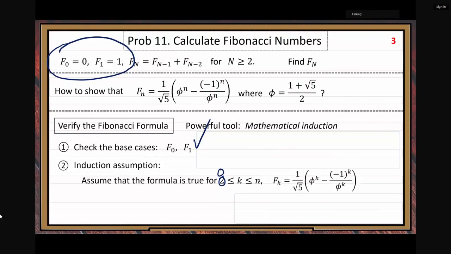When k is in this range, because 0 and 1 we already verified are true, in our assumption we just make a redundant assumption. We know it's true. The reason we make it 0 is because this is the range, 0 through n.